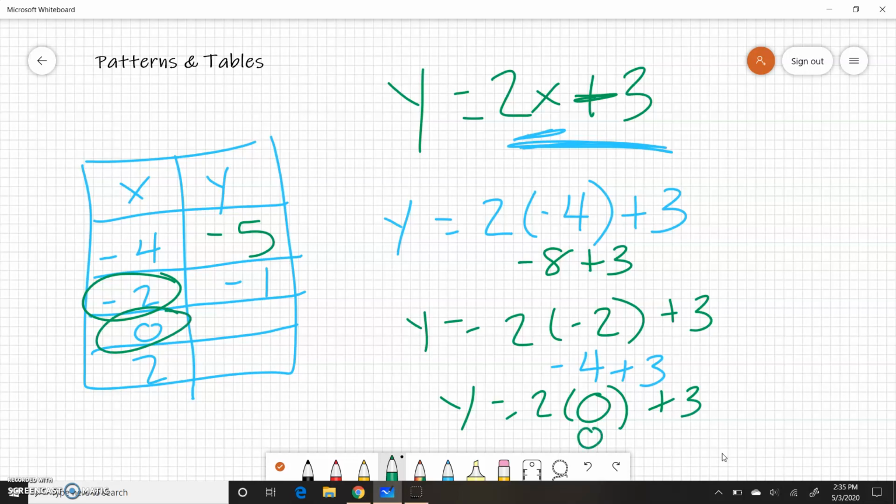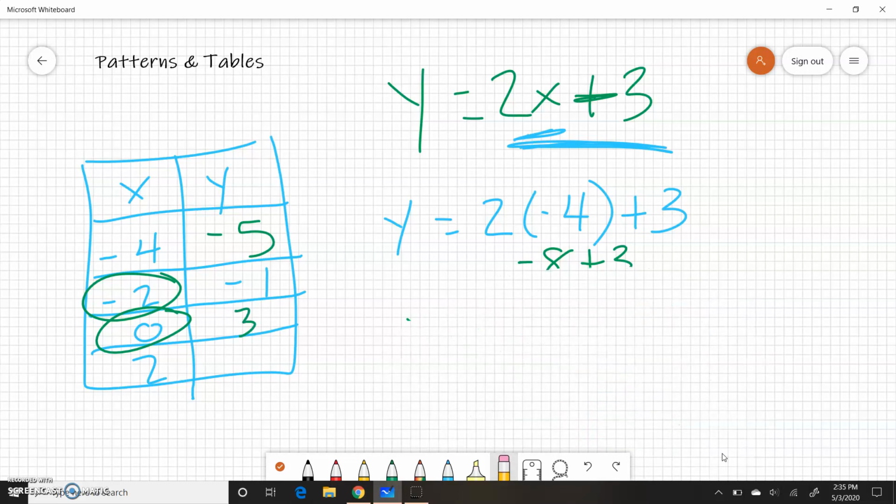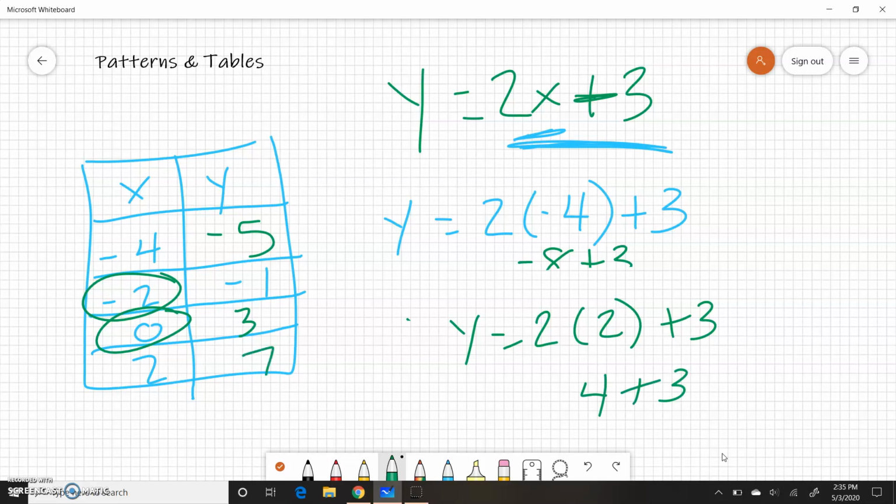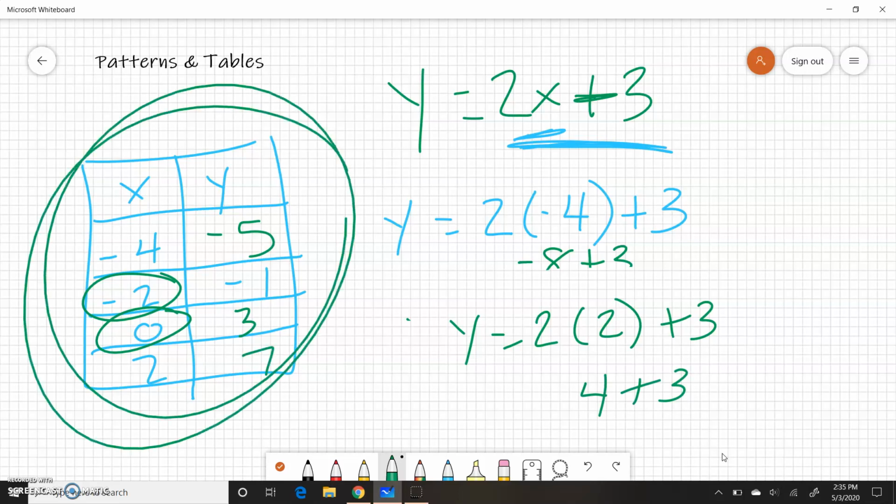Well, 2 times 0 is 0, so 0 plus 3 gives me 3. Okay. Y equals 2 times 2 plus 3. So 2 times 2 is 4, plus 3 gives me 7. So this right here, this box, this is my answer. So negative 5, negative 1, 3, and 7.